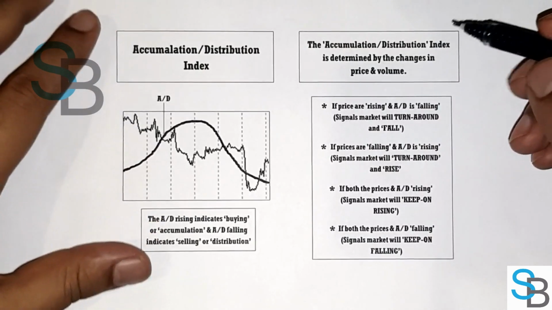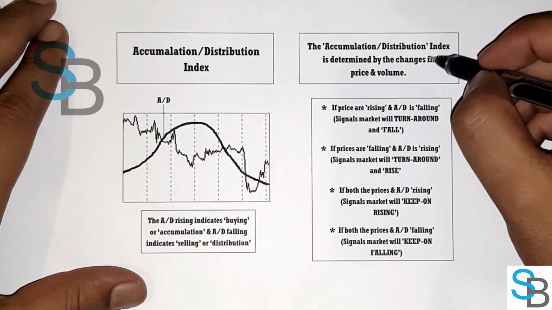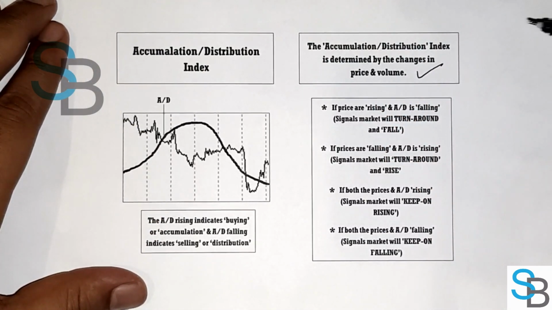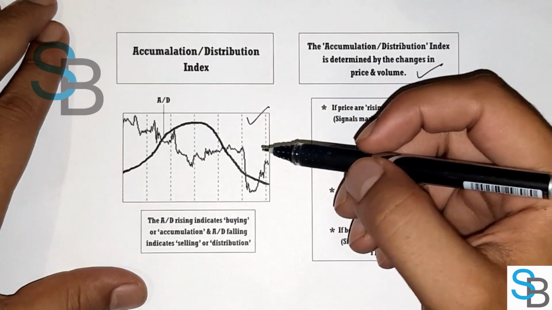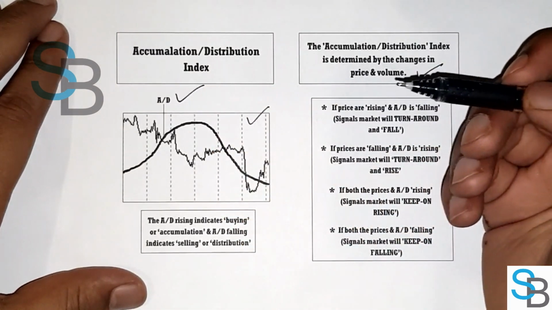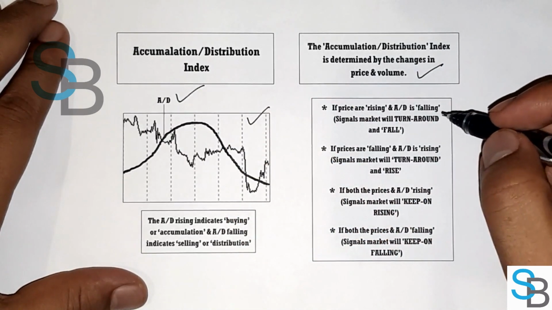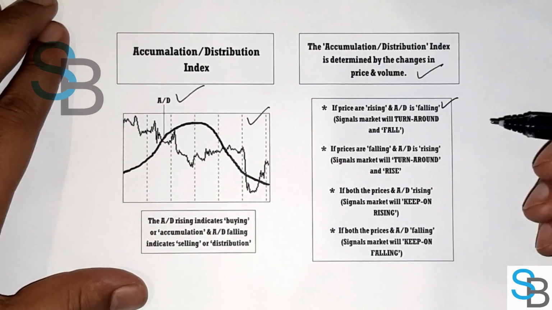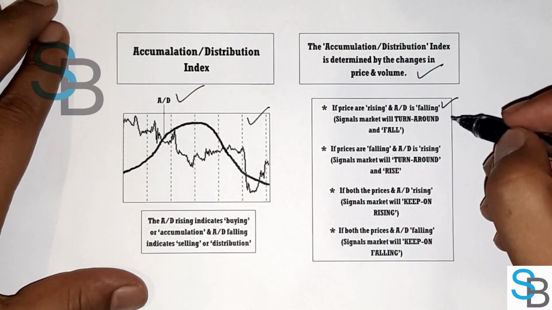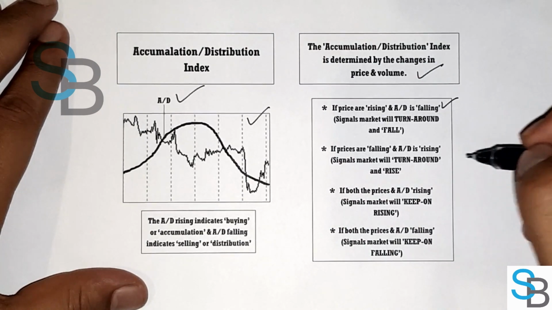Accumulation distribution index is measured by the changes in price and volume. On the chart, you can see that AD is the accumulation distribution line. If the market price is rising and AD is falling, this is a signal that the market will turn around and fall.